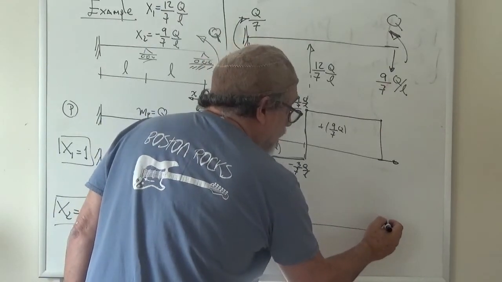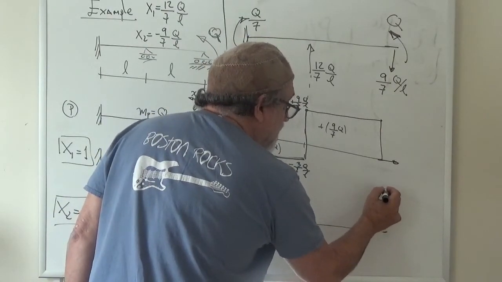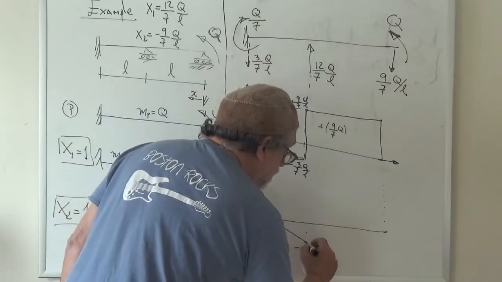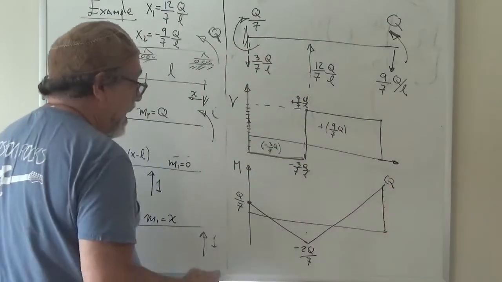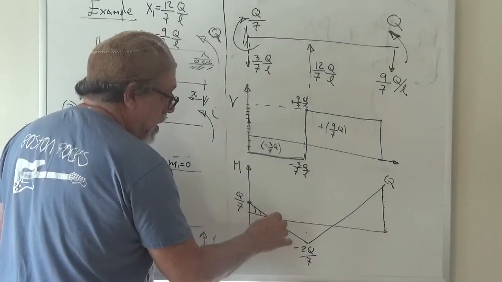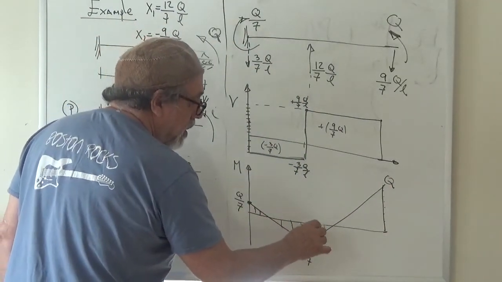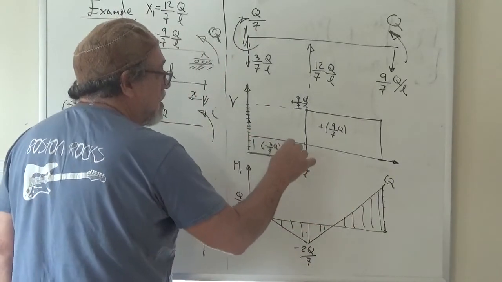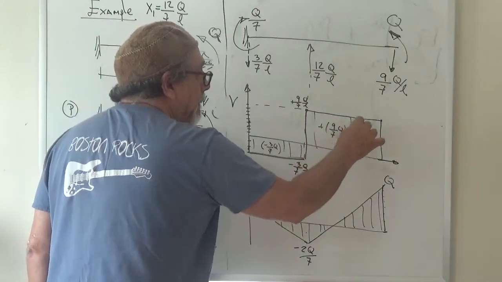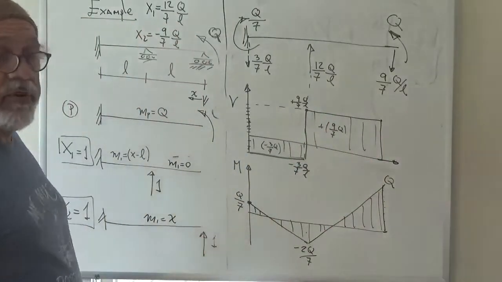So this would be 1, 2, 3, 4, 5, 6, 7. So this would go like this, like that. And so our moment diagram is this. And our shear diagram is this. Right? And we finish the problem.